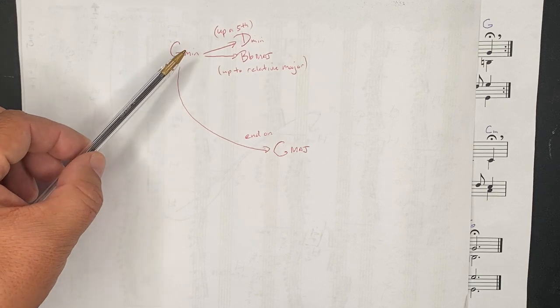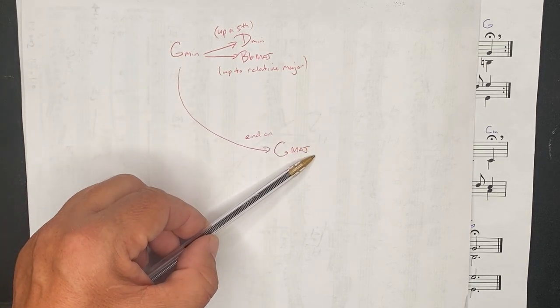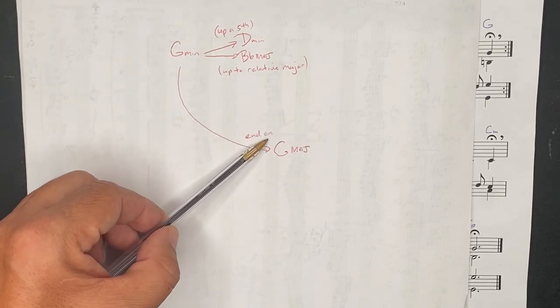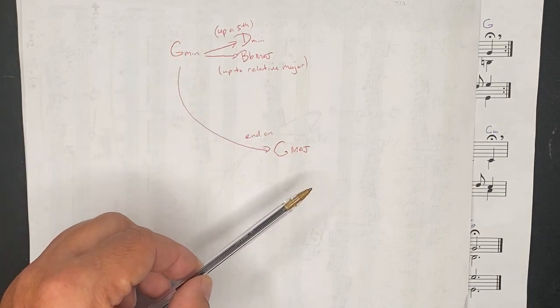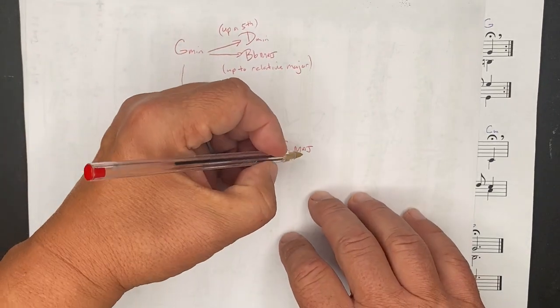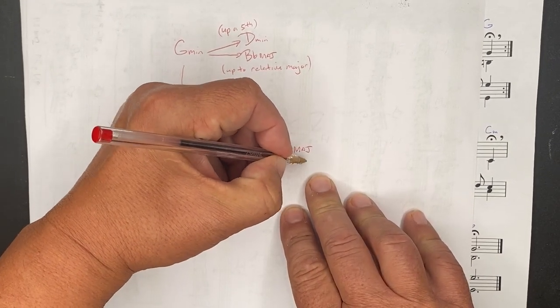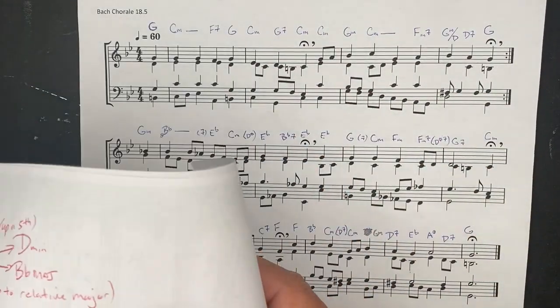The other thing is that we almost certainly will end the chorale on a G major chord instead of a G minor chord, because Bach has a habit, a custom, of taking his minor ones and ending them with a major chord equivalent. We call that a Picardy third, but it's really modal borrowing from the relative major. And we find that that's the case down here.